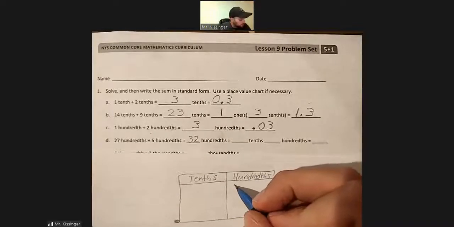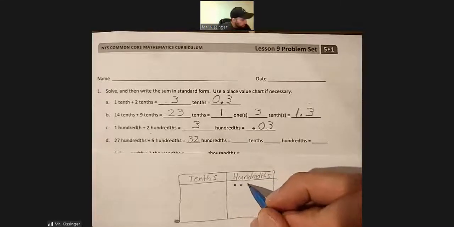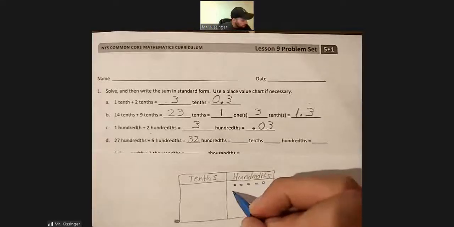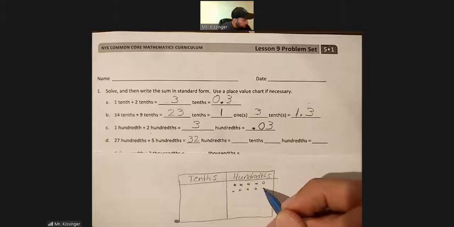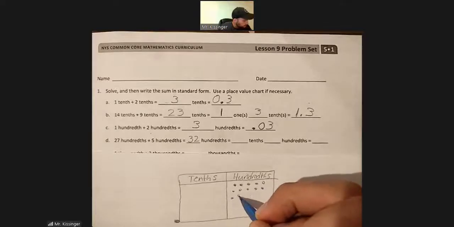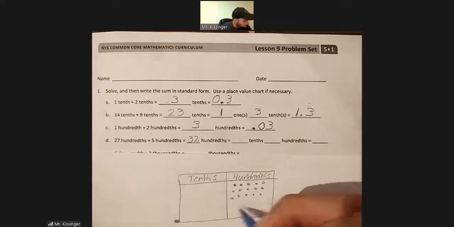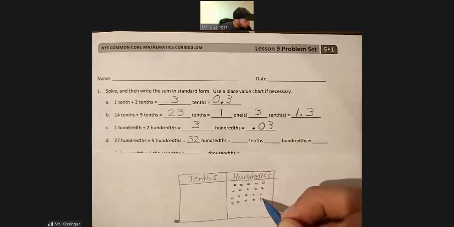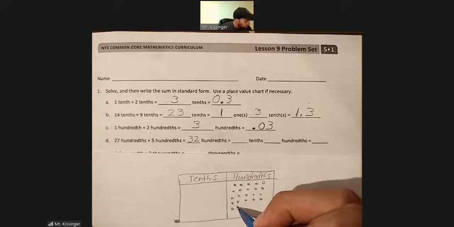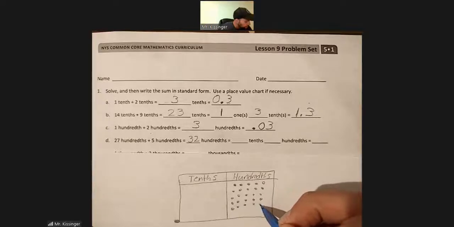We can do 1, 2, 3, 4, 5, 6, 7, 8, 9, 10, 11, 12, 13, 14, 15, 16, 17, 18, 19, 20, 21, 22, 23, 24, 25, 26, 27, 28, 29, 30, 31, 32.